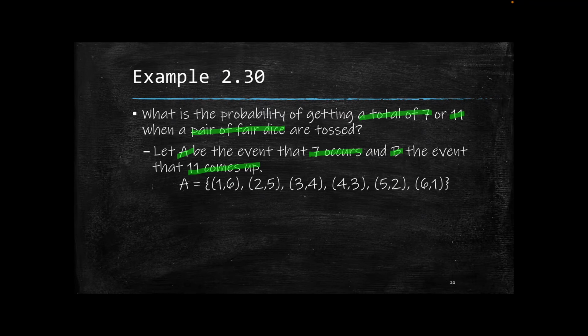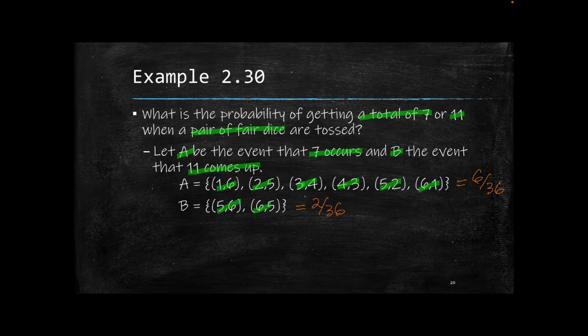Now, a total of 7 occurs in 6 samples out of 36 sample points. For B, a total of 11 occurs for only 2 of the sample points. P(A) equals 6 over 36, then P(B) equals 2 over 36.